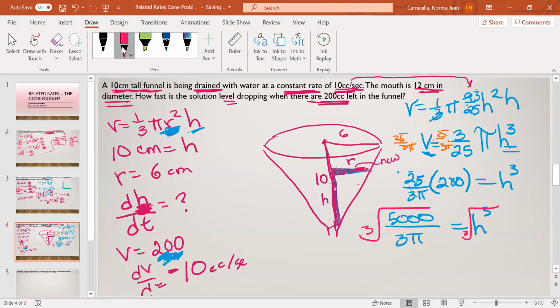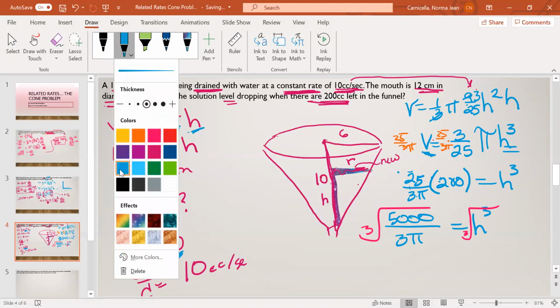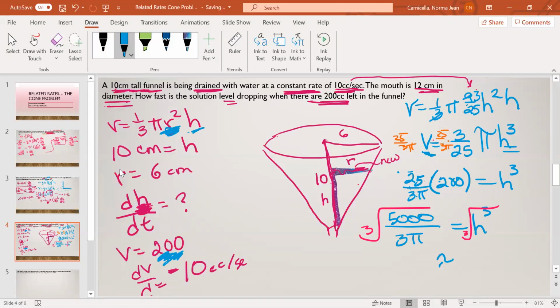And my answer ends up being about 8.1 for the height. So now I got to plug that back into the formula.